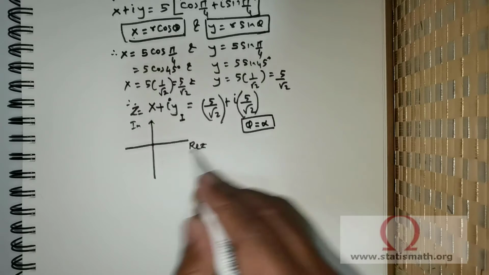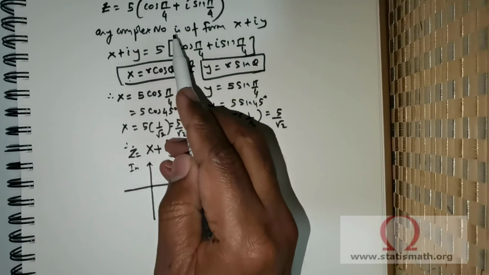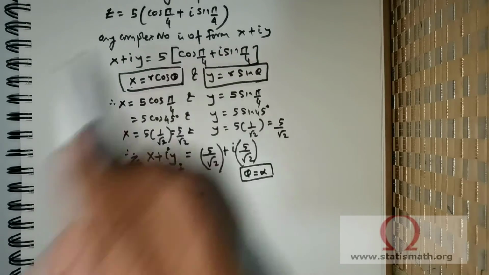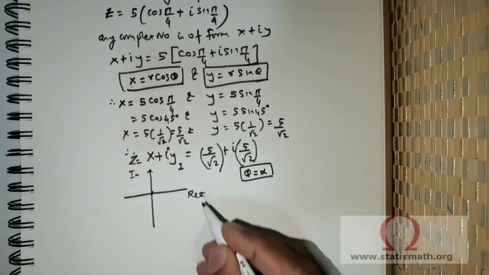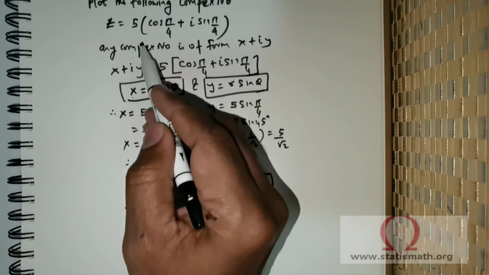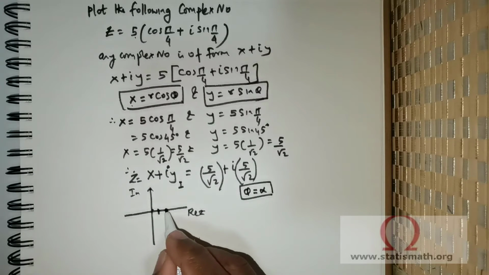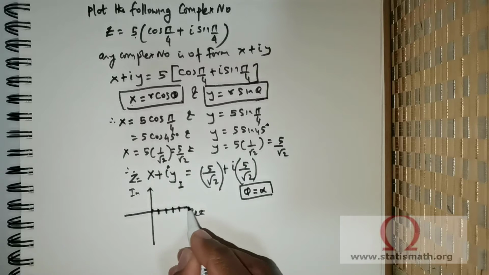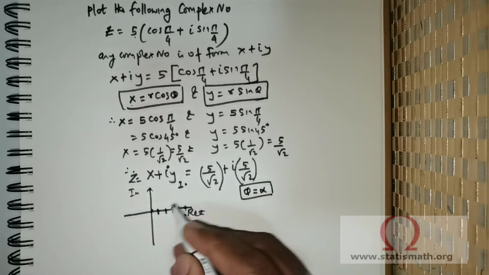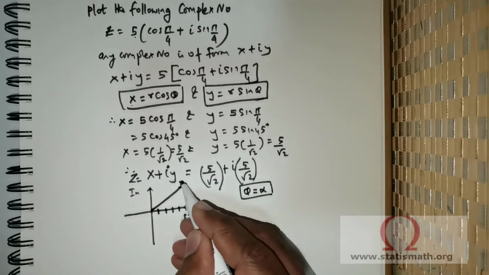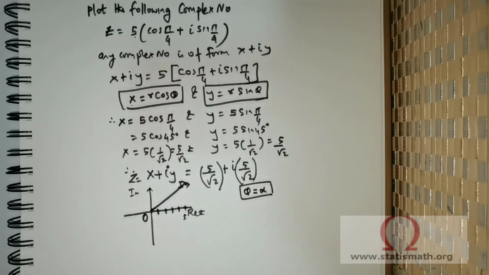Have that in mind. The alpha value given here is pi over 4. Therefore, if you were to plot the complex number, the magnitude of the complex number is 5 units. So if I start here, 1, 2, 3, 4 and 5, just go up here and draw the complex number connecting with the origin.